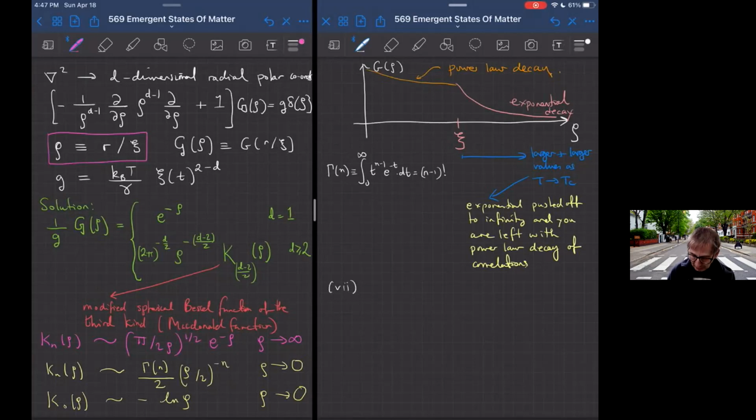So now we're going to look at the susceptibility when you have a continuous symmetry.